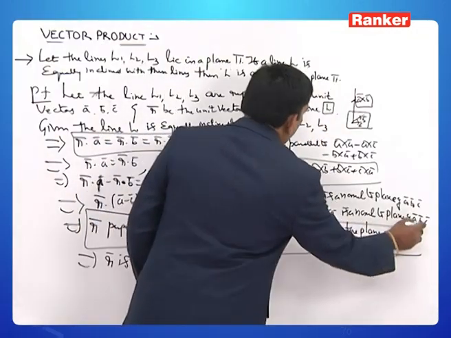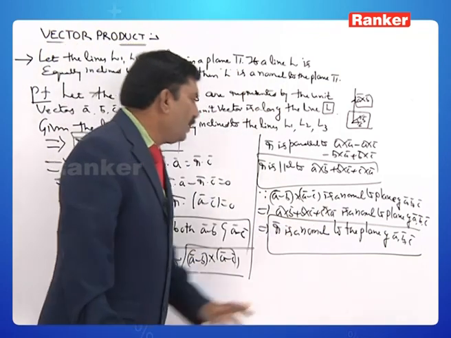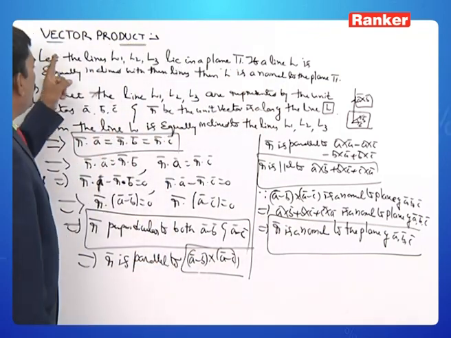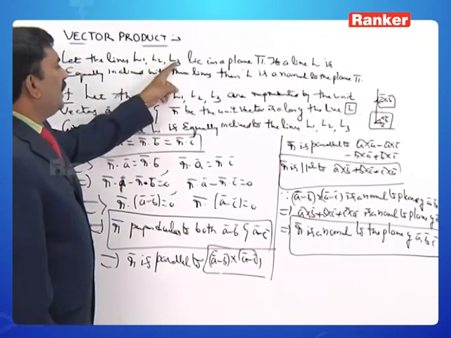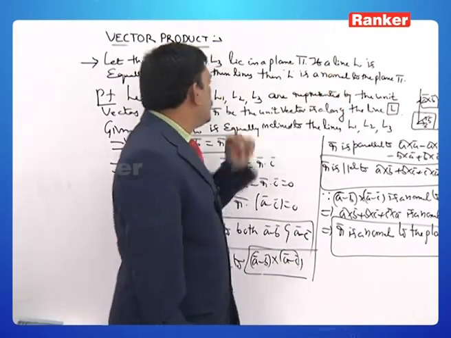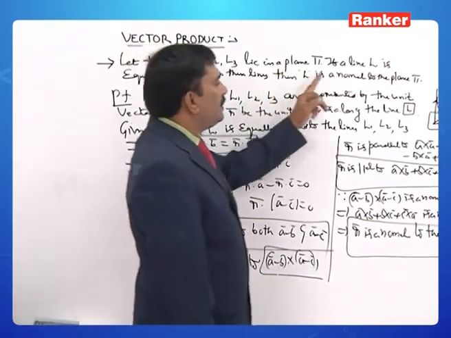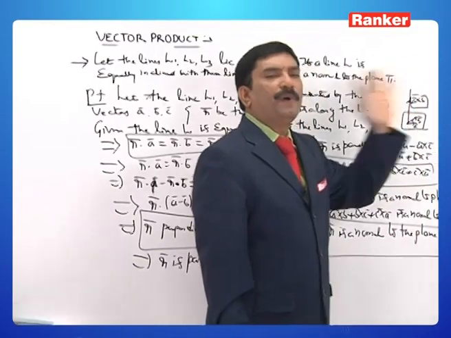Hence, whenever a line L is a normal to the plane pi. Once again, let the lines L1, L2, L3 lie in a plane pi. If a line L is equally inclined with these lines, then L is a normal to the plane pi.